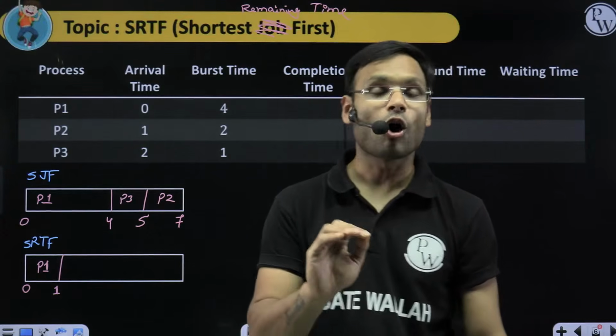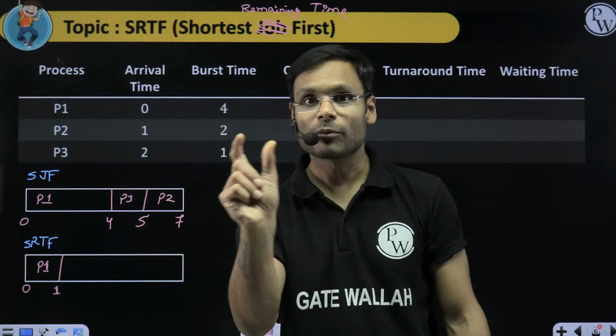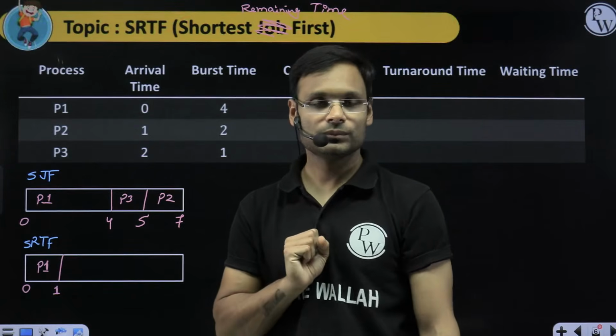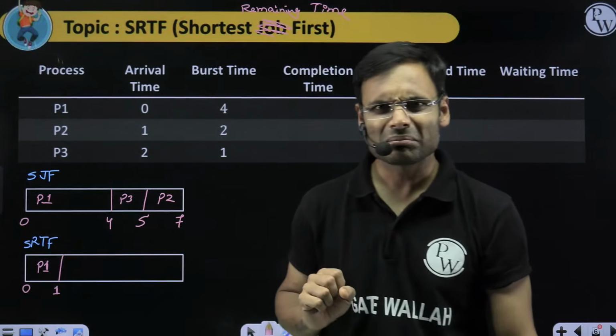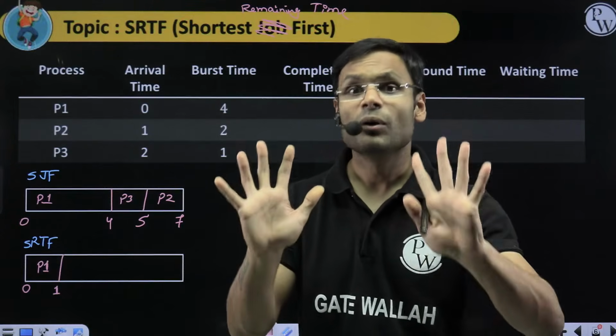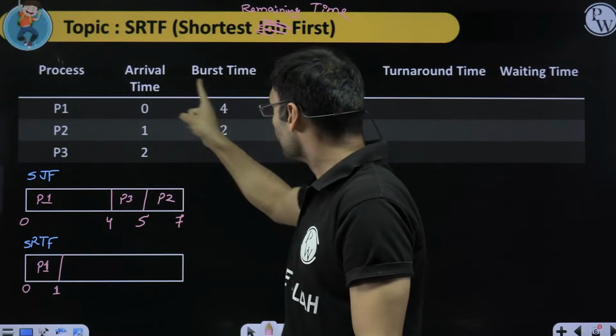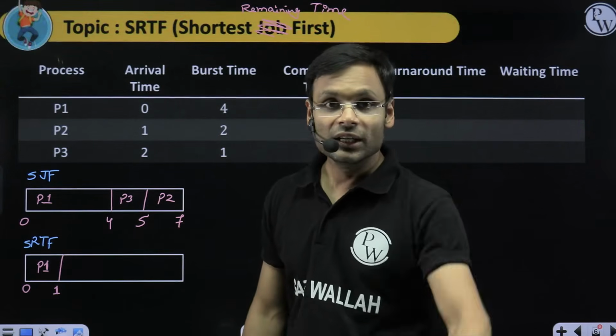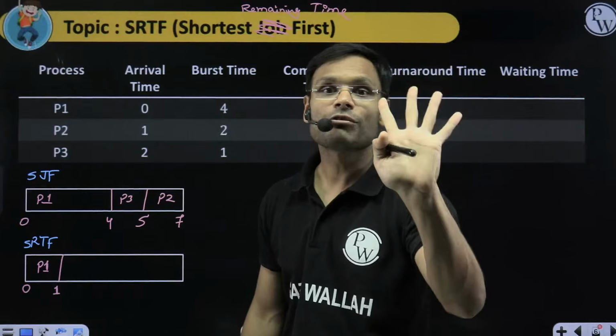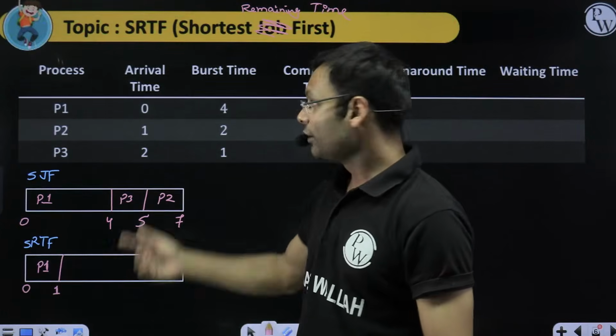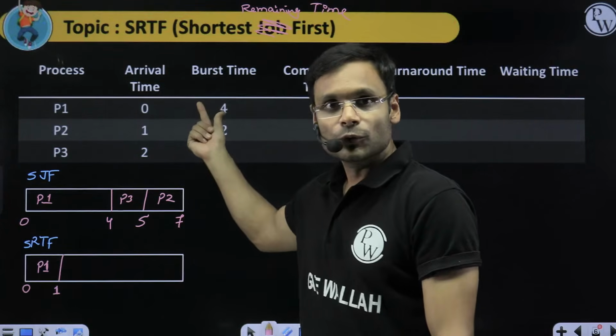That depends on the remaining time of P1 and the remaining time of P2. What is remaining time? Boss, it is already given in the process scenario that to execute completely, P1 will need 4 time units of execution.